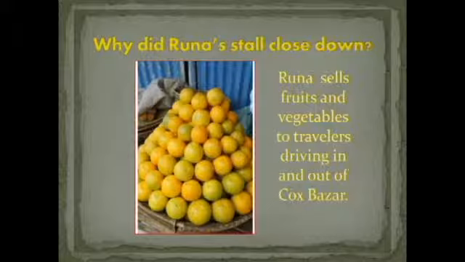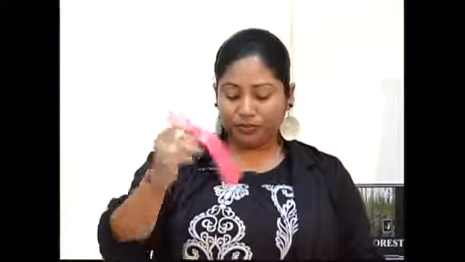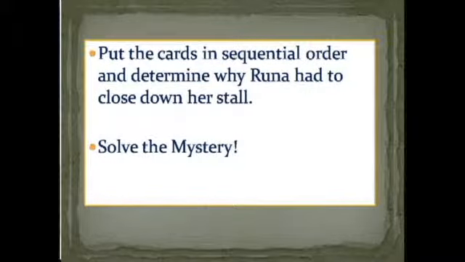Now, Runa sells fruits and vegetables to travelers driving in and out of a place called Cox's Bazar, right? And I need you to take your colored strips and lay them out in front of you, and you're going to try and put the sentences in sequential order.